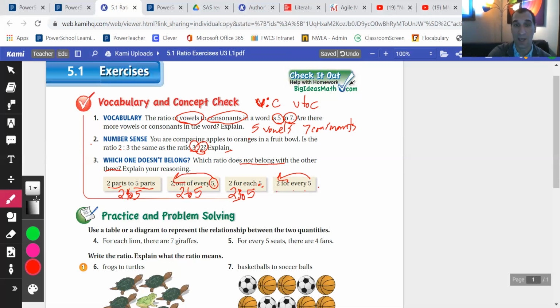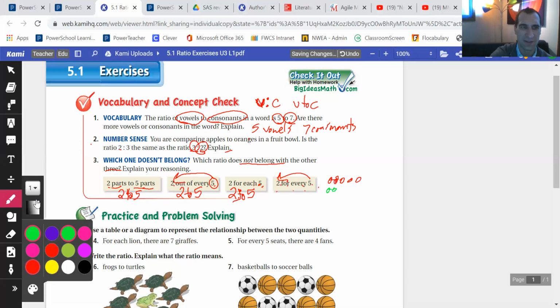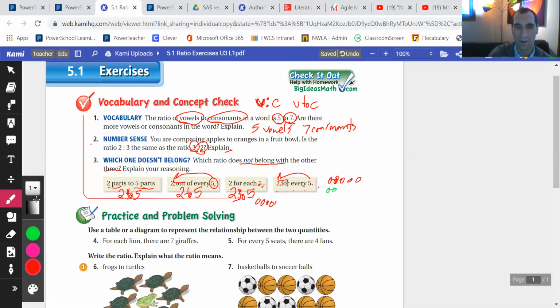Okay, so let's think. 2 for every 5. For every 5 of something, 1, 2, 3, 4, 5, there would be 2 of something else. Okay, that fits. This one, 2 for each 5, that fits too.